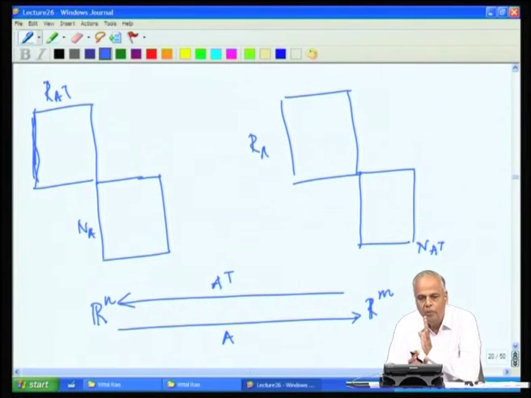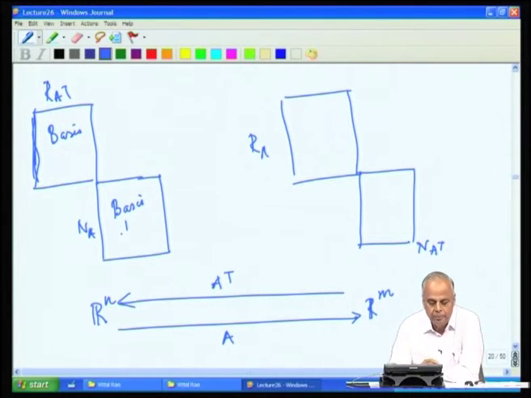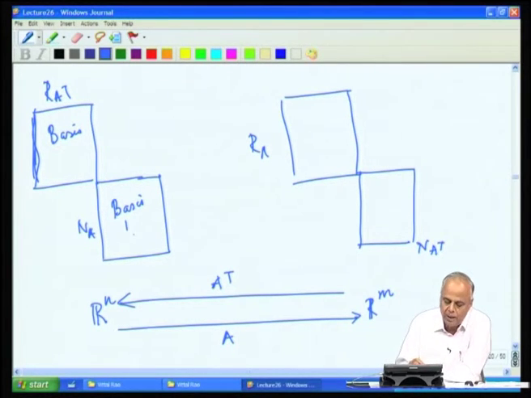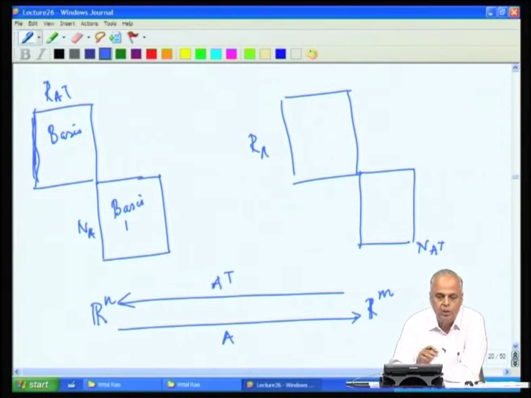So, we have 2 pairs of orthogonal complements, and the main idea in analyzing a matrix is to get a suitable basis for R A transpose, a suitable basis for N A. Now, by our analysis we know that if we get a basis for these two, one being the orthogonal complement of the other, by putting them together we can get a basis for the whole space.